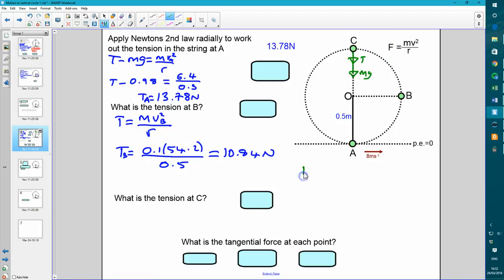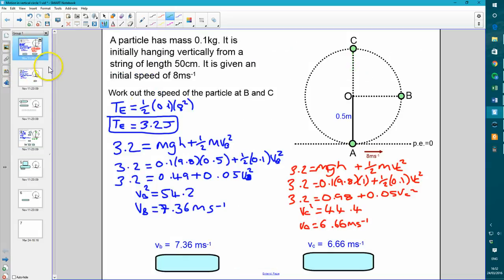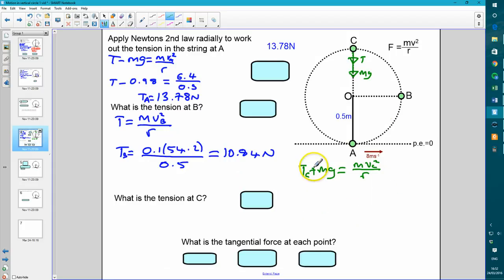So over here, that tells me that T plus mg this time is going to be equal to mv at C squared over r. Now again, we worked out the velocity at C squared earlier, and that's 44.4. So we can put in these values that we know.